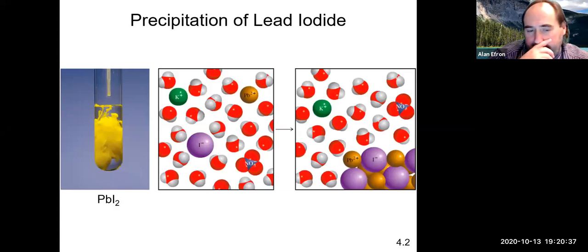Again, we could write a molecular equation, which is everybody together in their whole formulas, balanced with their states. We could write a total ionic equation, which breaks apart everything that's a strong electrolyte.